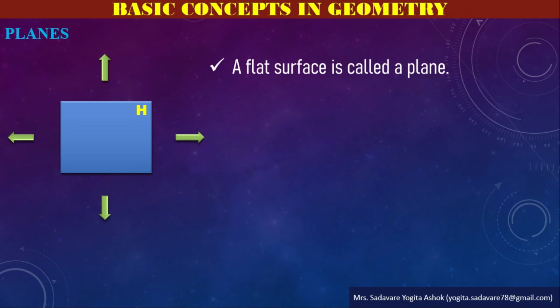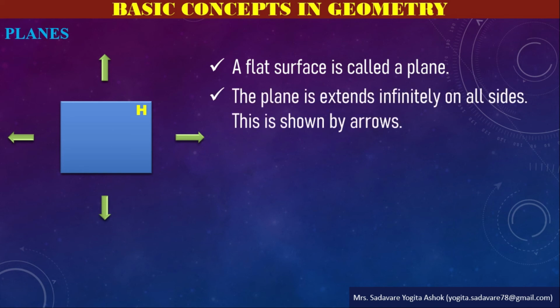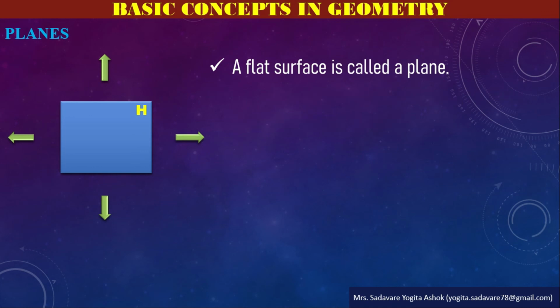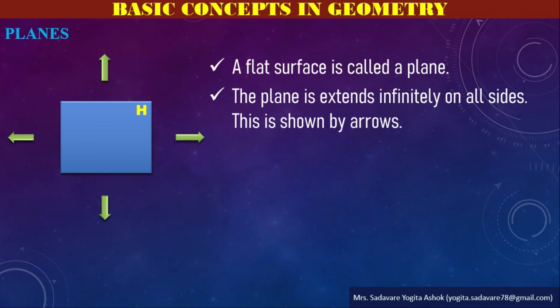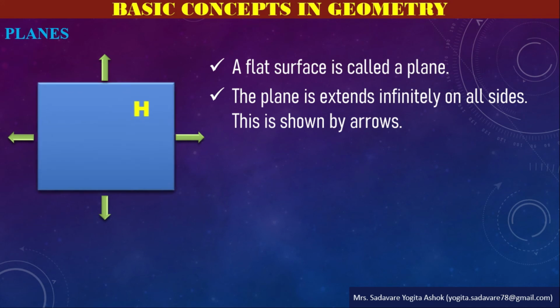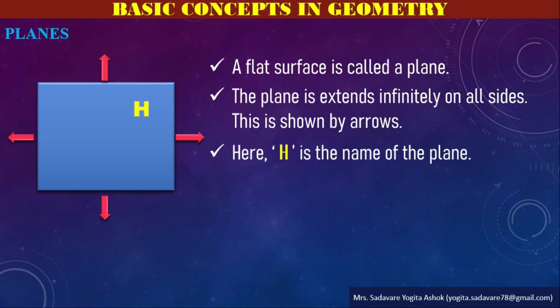A flat surface is called a plane. The plane extends infinitely on all sides. This is shown by arrows. Here H is the name of the plane.